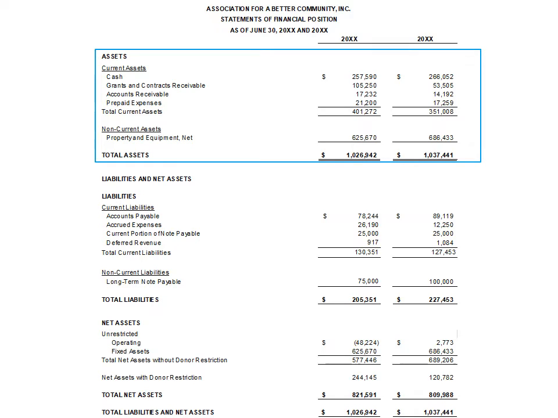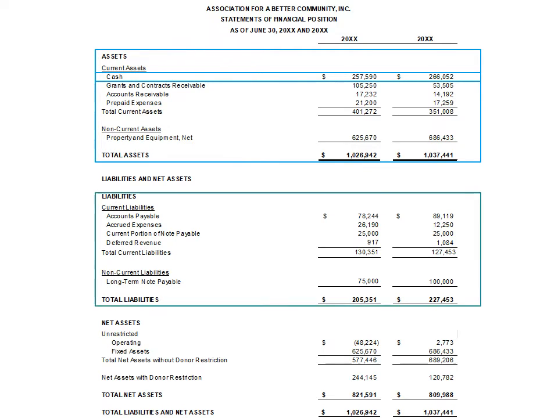When I'm looking at a nonprofit balance sheet, one of the first places I look at is cash. You might have heard the expression cash is king, and we have to have cash in order to pay our expenses. So it's important to keep an eye on the organization's cash position and to think about what that cash position is relative to the organization's expenses.